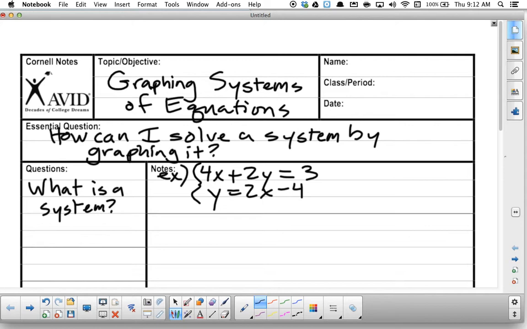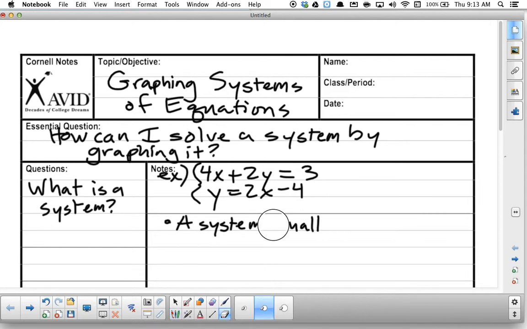That is a system for two reasons. One, a system, I can say always, has more than one equation.